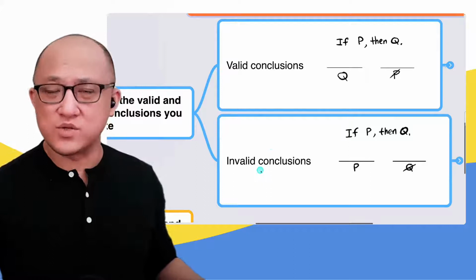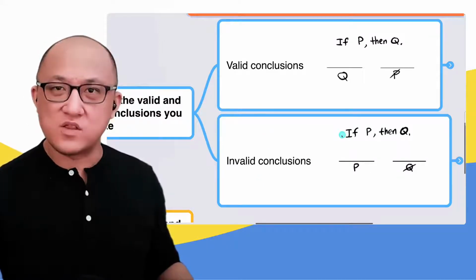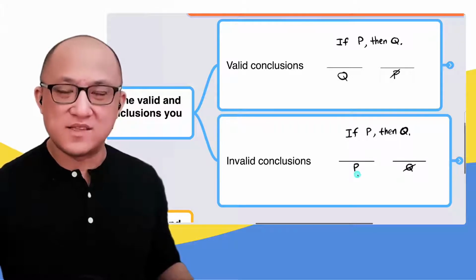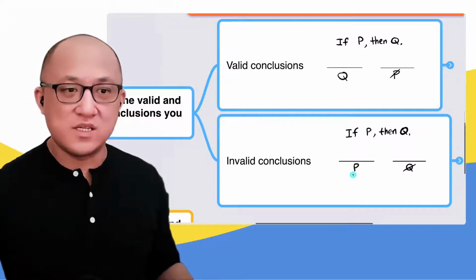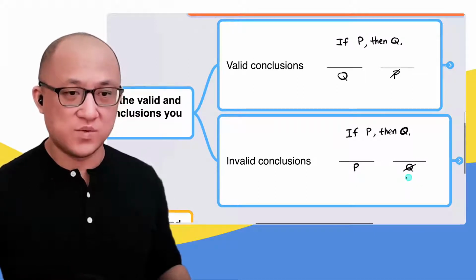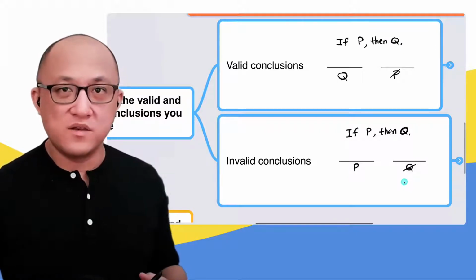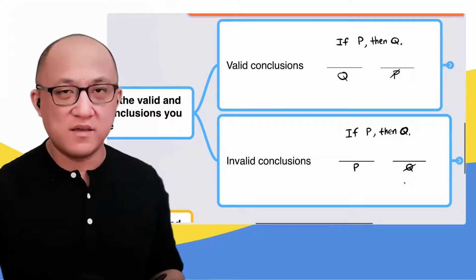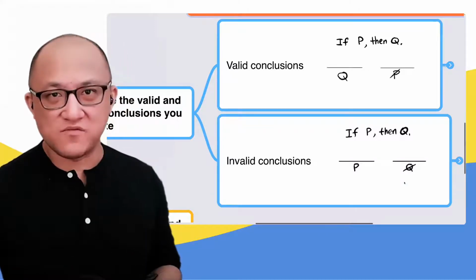The invalid conclusions, though, if you get a conditional statement and you see that the author is trying to conclude that the if part is true, that P is true, or if you see that the author is trying to conclude that the then part is not true, that Q is false, then you already know one of the errors they're making is they're confusing the necessary condition and the sufficient condition.